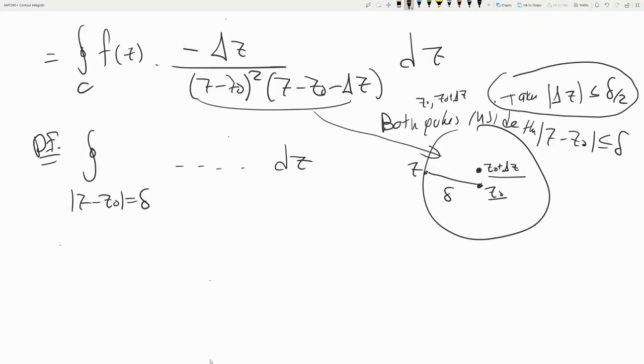All right. So again, we do the ML inequality, meaning we bring in absolute value.